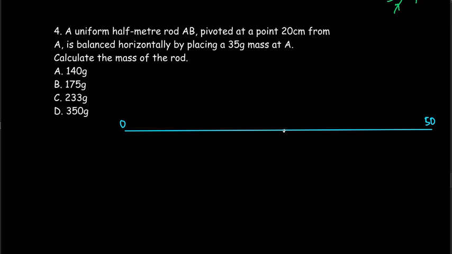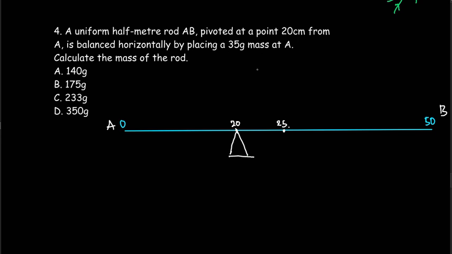Then the midpoint is going to be 25. It's pivoted at a point 20 cm from A. So this is our A and this is our B end. At a point 20 cm from A is going to be somewhere around here. I'm just estimating. So it is pivoted at 20 cm.